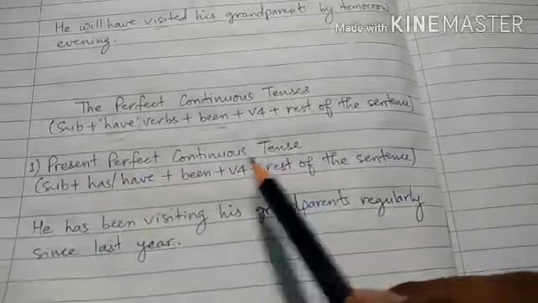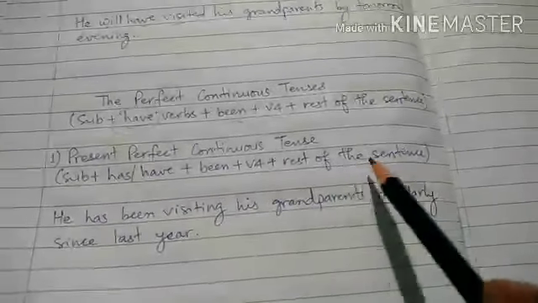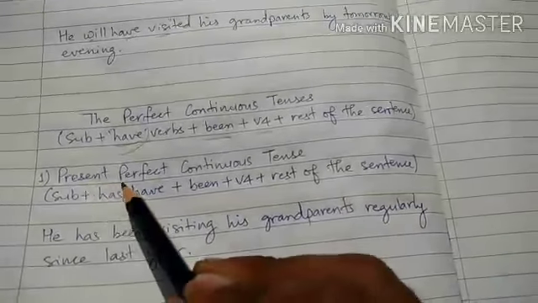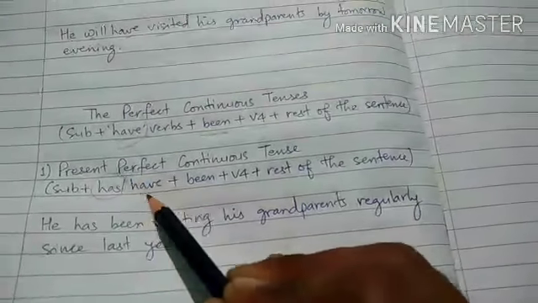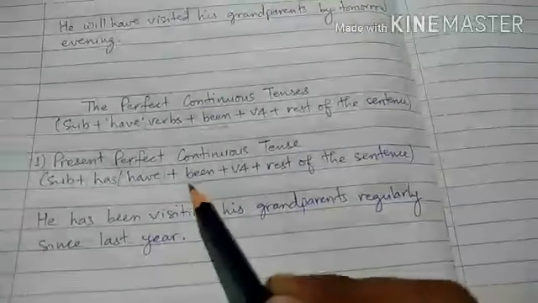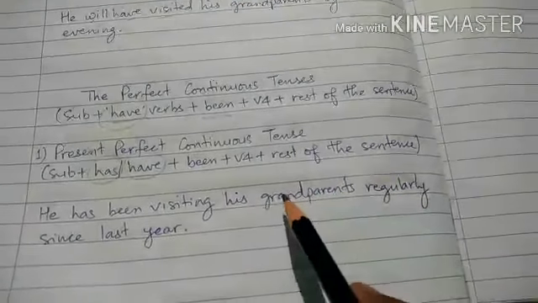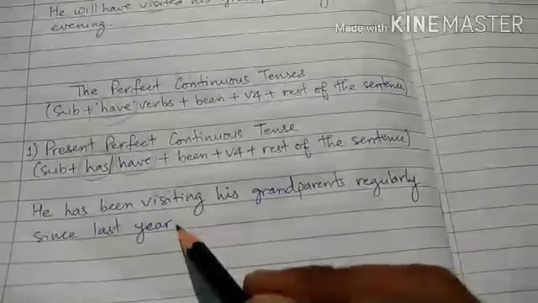Present perfect continuous tense: subject plus has or have plus been plus verb-ing plus rest of the sentence. If the subject is singular, we have to use has. If the subject is plural, we have to use have. Like, he has been visiting his parents regularly since last year.